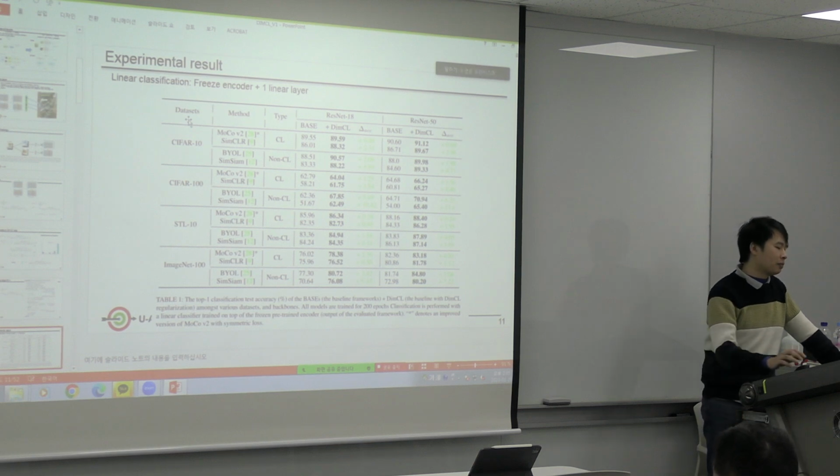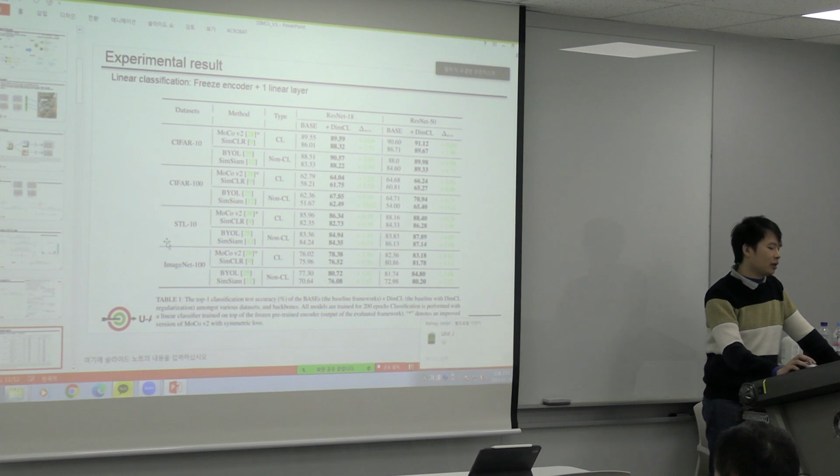First, we have to compare our methods on a lot of datasets. Representation learning is a very general technique, so it has to generalize across various datasets.